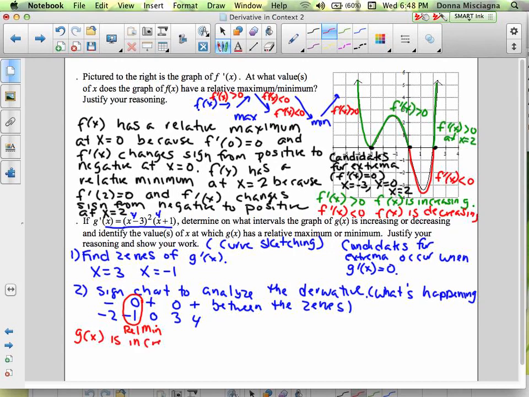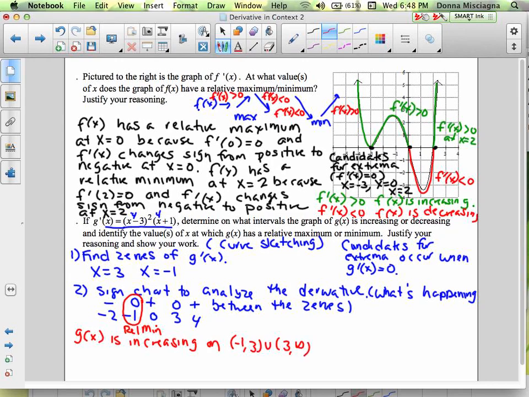is increasing on, and it's going to be between our zeros, so on -1 to 3, and then again from 3 to infinity. Now that 4 is not really anything special other than a test value.